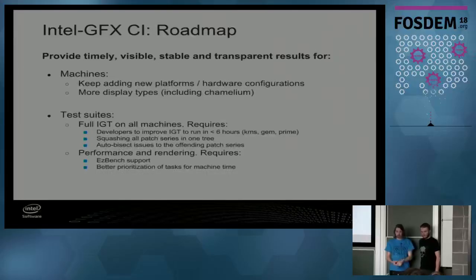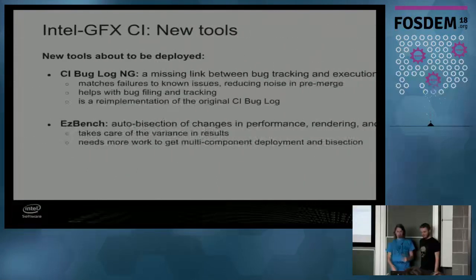That's Google's Chameleon. We want to add more test suites and more tools to do auto bisection. We're going to see that now. CI bug log ng is what I was showing you, and we're looking into open sourcing the tool, so everyone could be using it.